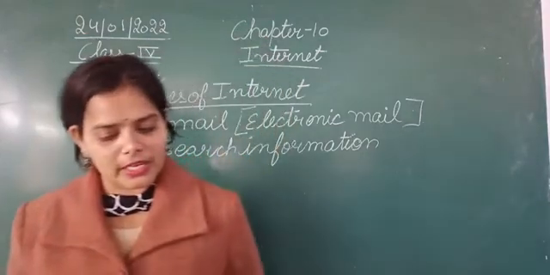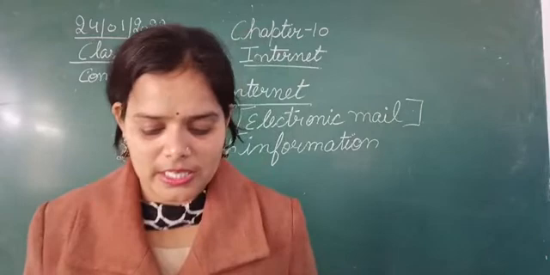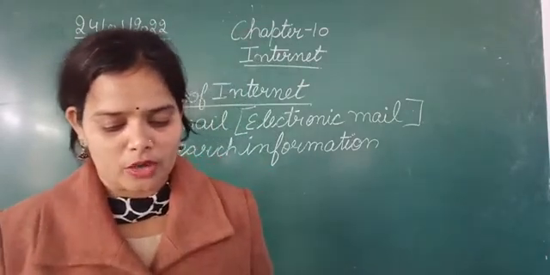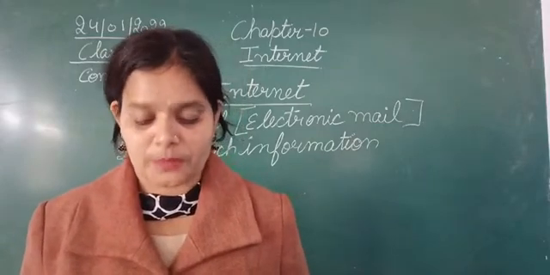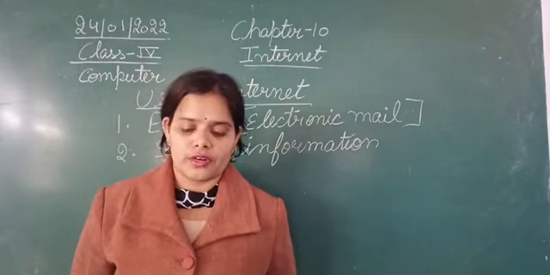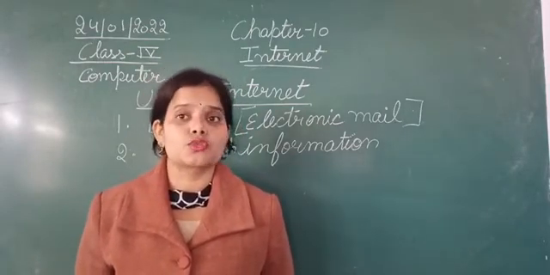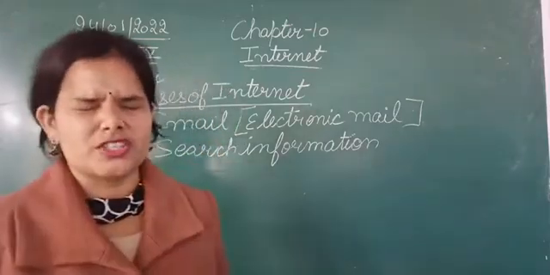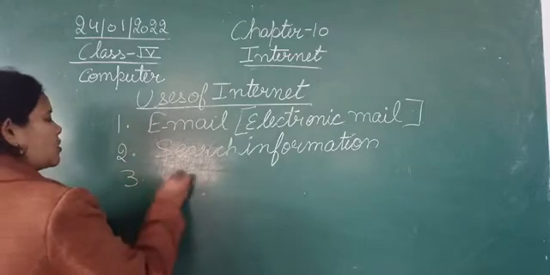It contains information on almost every topic you require. It is a valuable tool for research, and we can use that information for research work as well. So the internet is used for searching information.